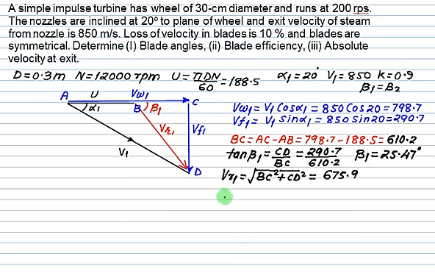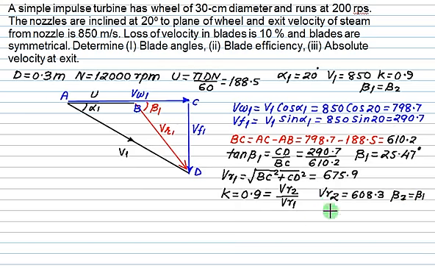Now we'll start the outlet triangle. To enter the outlet triangle, first you have to find the value of K. The value of K is given as 0.9, and K equals what? VR2 by VR1. Two pieces of information are required for the outlet triangle. One is relative velocity and one is blade velocity at outlet, with beta 2 the same as beta 1.